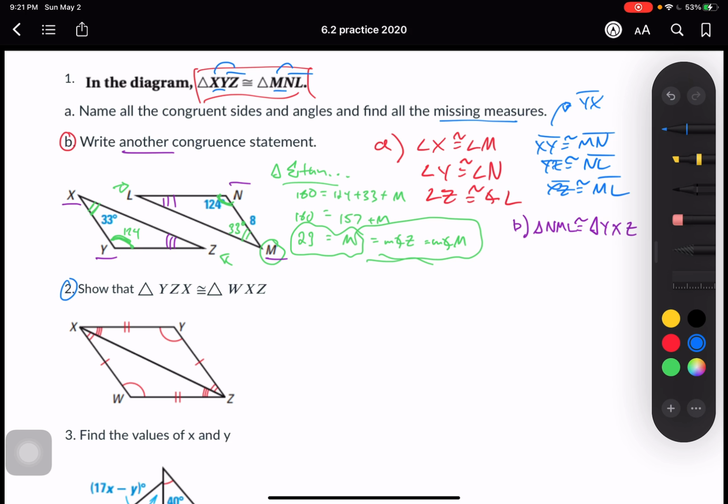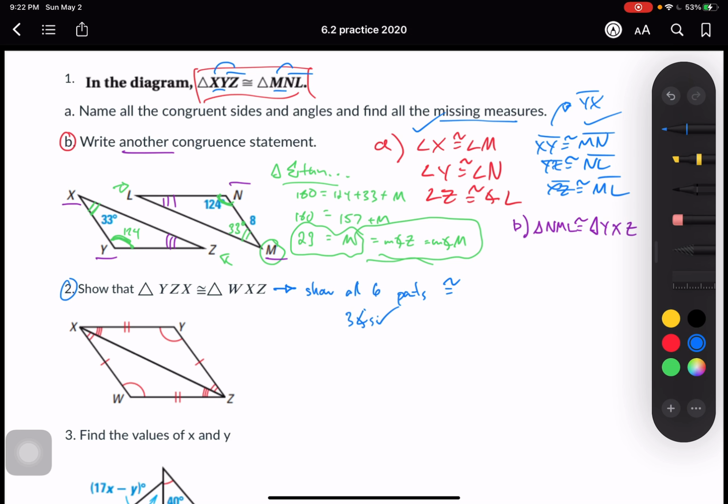Okay. Number 2. Show that these are congruent. In order to show congruence, that really means to show all 6 parts are congruent. And we're, of course, talking about all angles and all sides, just like we did up there, okay? So looks like we've taken care of just about everything. We have 3 angles taken care of.